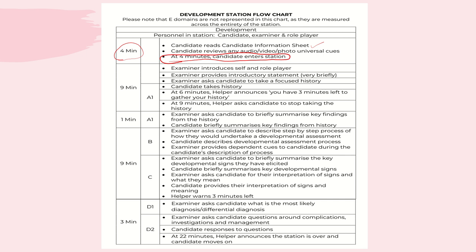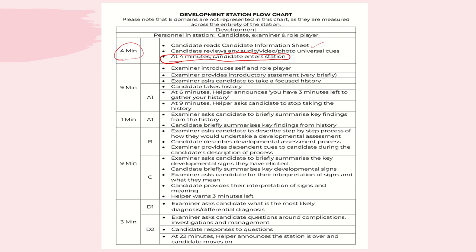When the candidate enters the station, the examiner will introduce self and also the role player. The examiner will provide a brief introductory statement about the task, and will ask the candidate to take a focused history from the role player.